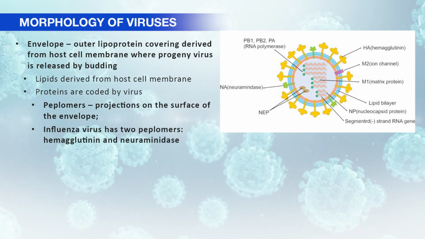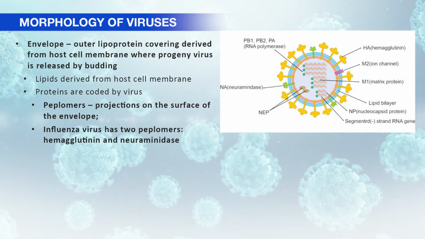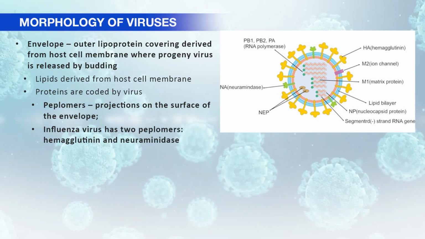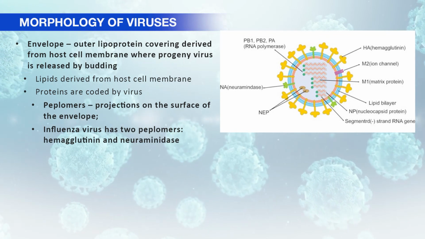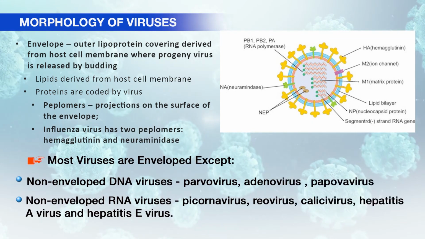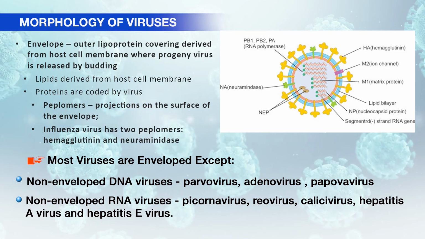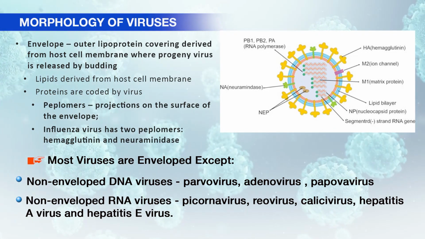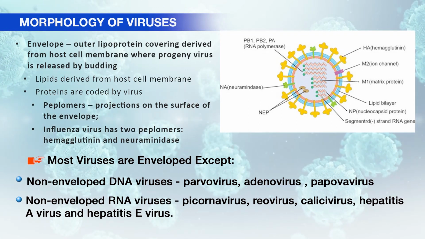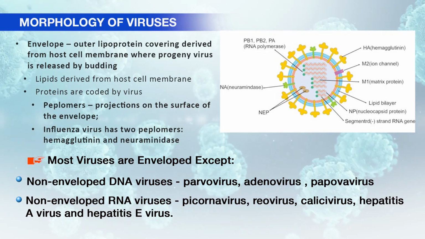These indicate peplomers, which are projections on the surface of the envelope. For example, influenza virus has two peplomers, hemagglutinin and neuraminidase. Now a mention of those viruses which are not enveloped. In DNA viruses you would have parvovirus, while in RNA viruses, calicivirus and hepatitis A virus, to name a few.